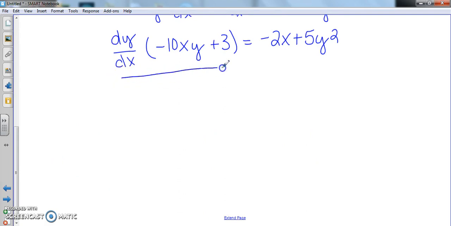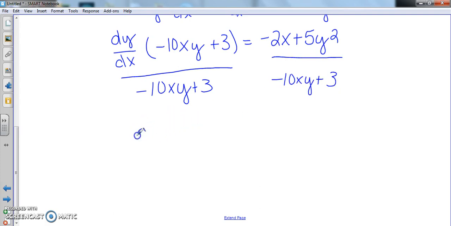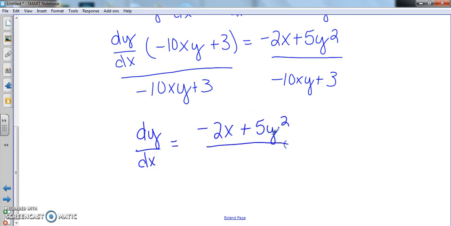Now what we're going to do is divide each side by negative 10xy plus 3. And our final answer is dy/dx is equal to negative 2x plus 5y squared over negative 10xy plus 3.